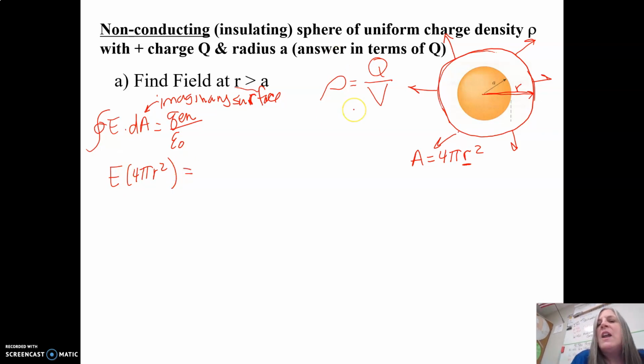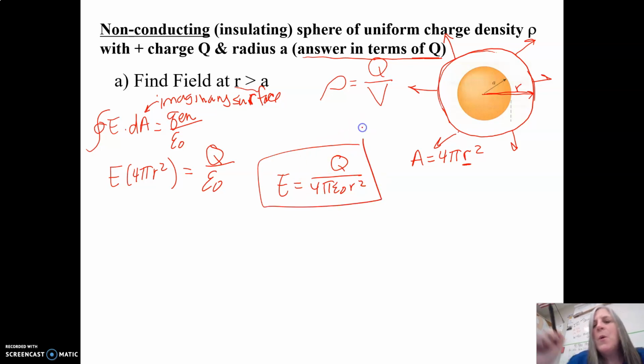For the Q enclosed, I don't have to deal with rho because the Q enclosed is just the total charge, and I want to answer this in terms of Q. So my Q enclosed is just the total charge divided by epsilon naught. And so my electric field in terms of Q is going to be Q over 4 pi epsilon naught r squared. What does that look like?